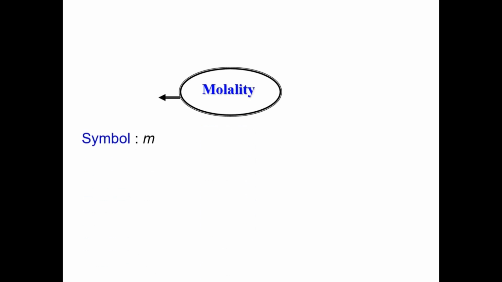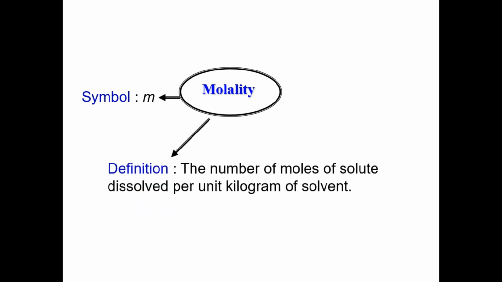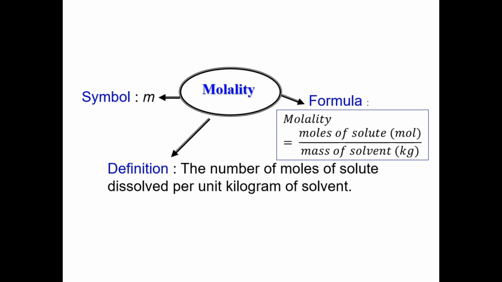The second unit of concentration is molality. Molality has the symbol of small letter m and is defined as the number of moles of solute dissolved per unit kilogram of solvent. It has the formula molality equal to moles of solute in mole divided by mass of solvent in kg.